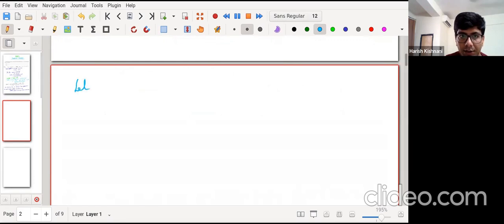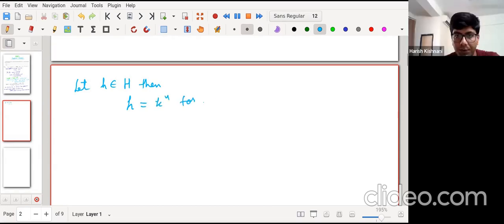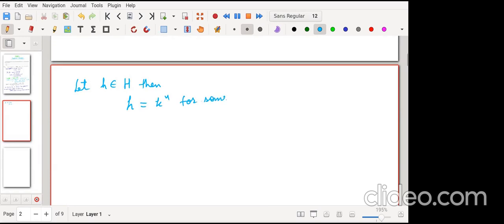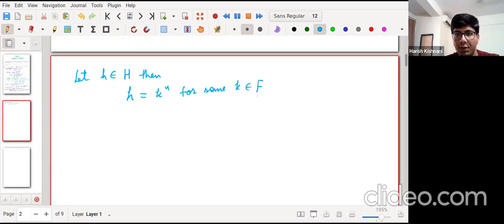Let h belong to capital H. Then what is the possibility for h? h has to be some power, h is k raised to n for some k in F, right?